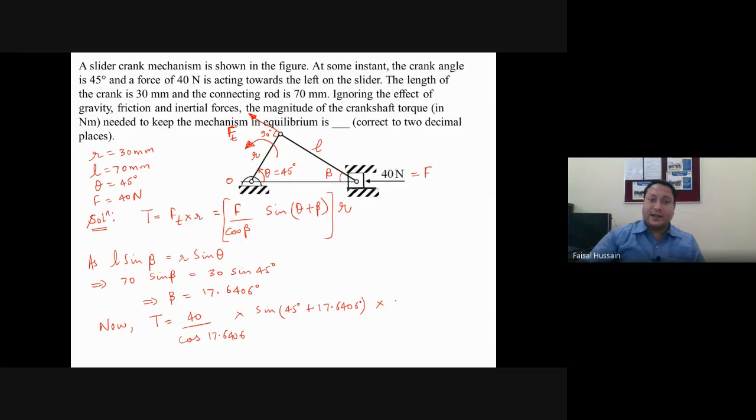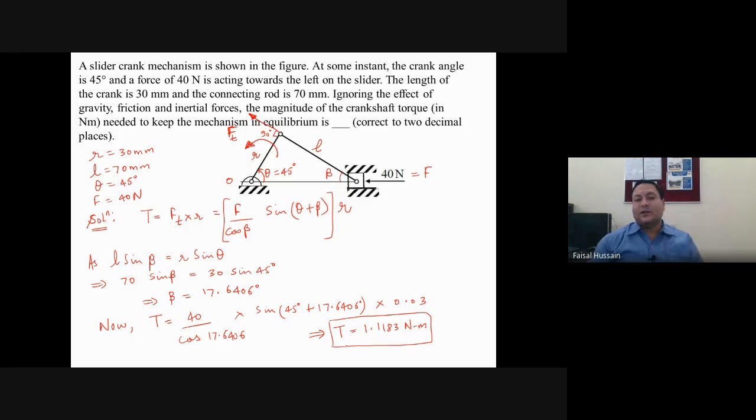Radius of crank 30 mm, substitute in meter. Be careful. Okay. So from here you will get the answer 1.1183 Newton meter. So this is your crankshaft torque needed to keep the mechanism in equilibrium.